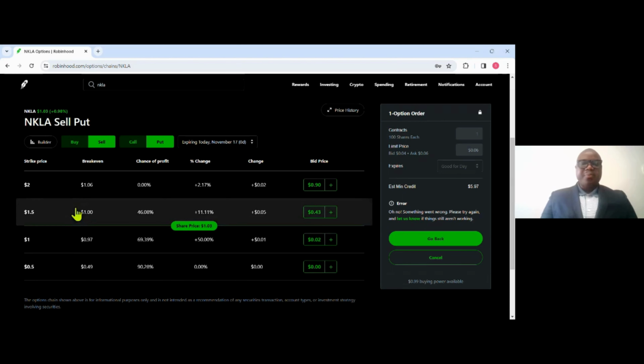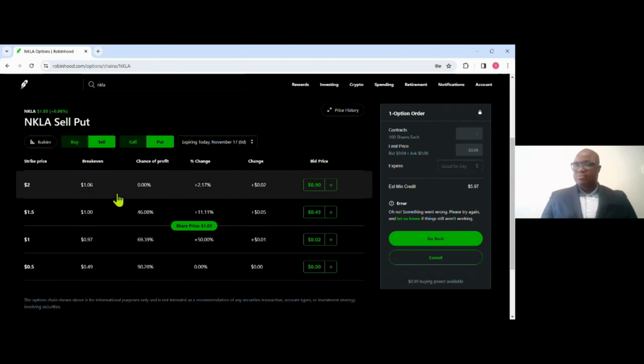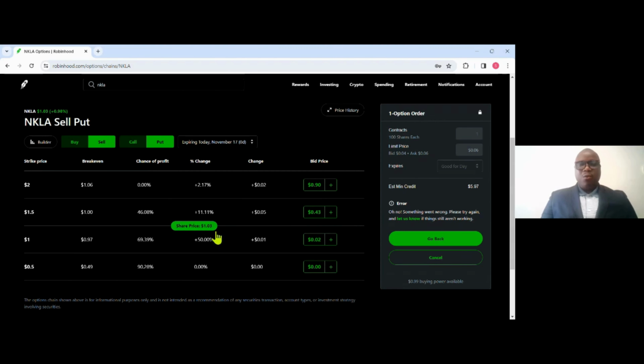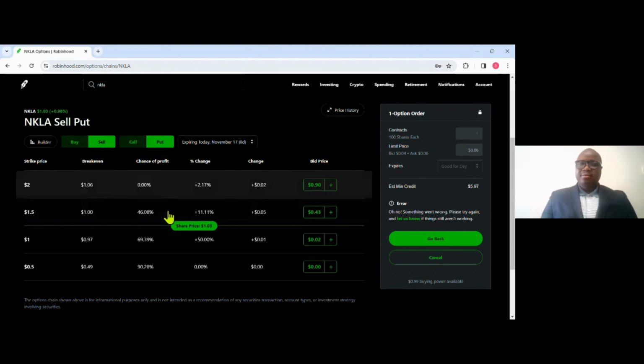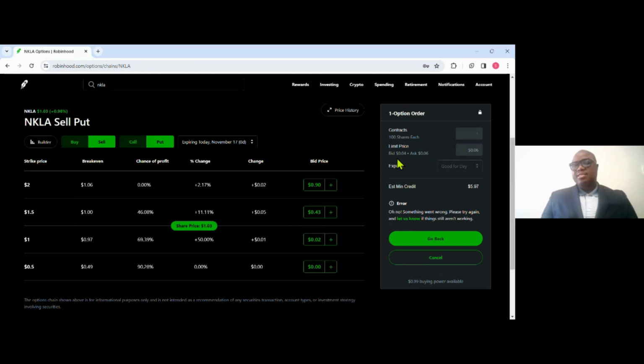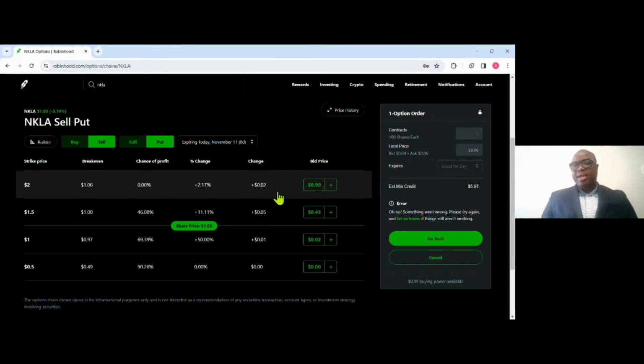But if the price stays above $1.03, then the buyer will not exercise the contract. The contract will be worthless, and he will just lose the premium that he paid for this option trade, and the seller will in turn pocket that premium. So that is how you trade options.